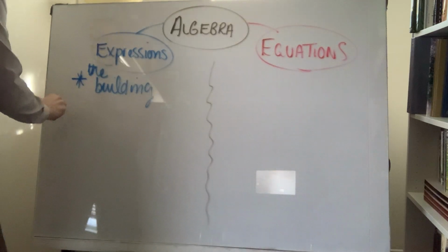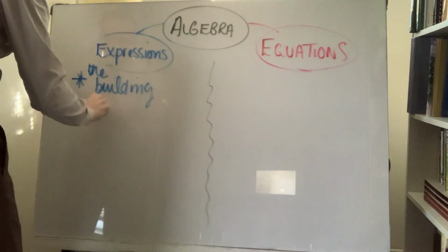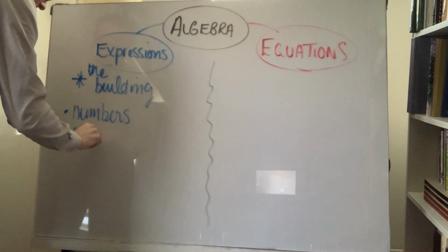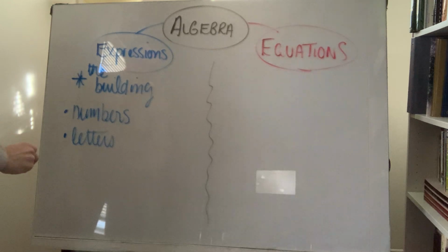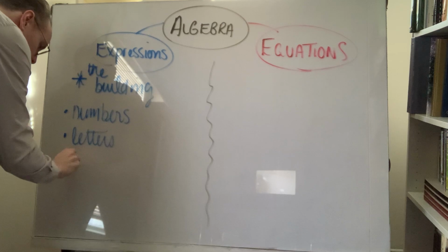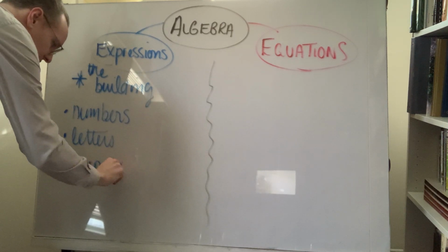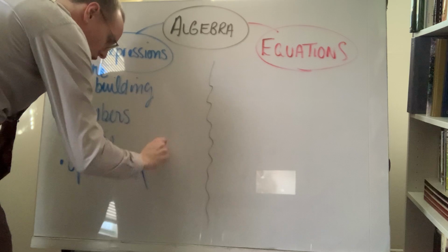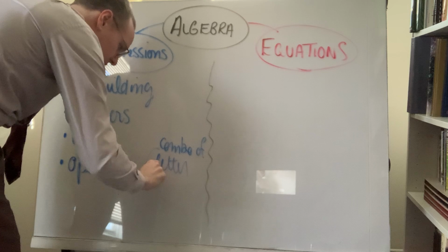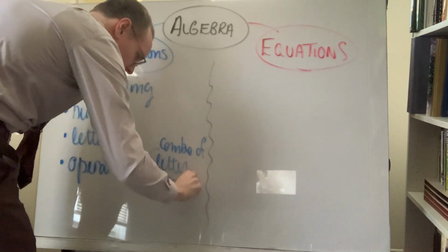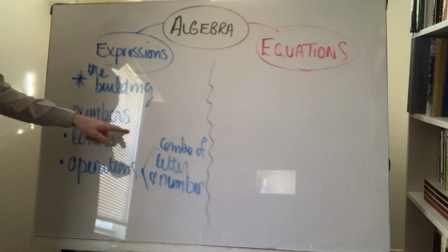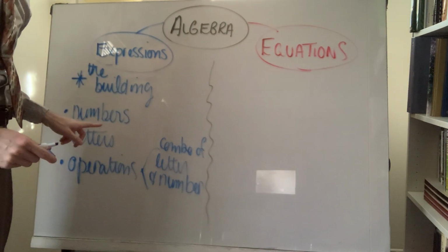All right, and so they consist of numbers, letters, potentially, if it's algebraic, and for sure, operations. Usually it is a combination of a letter and a number. Technically, something would qualify as being an expression even if it's just a standing-alone number.